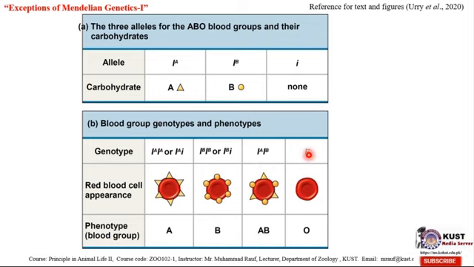And here neither carbohydrate A nor carbohydrate B is present on the blood cells, so the blood group is O. So this is yet another example of the exceptions of Mendelian genetics.